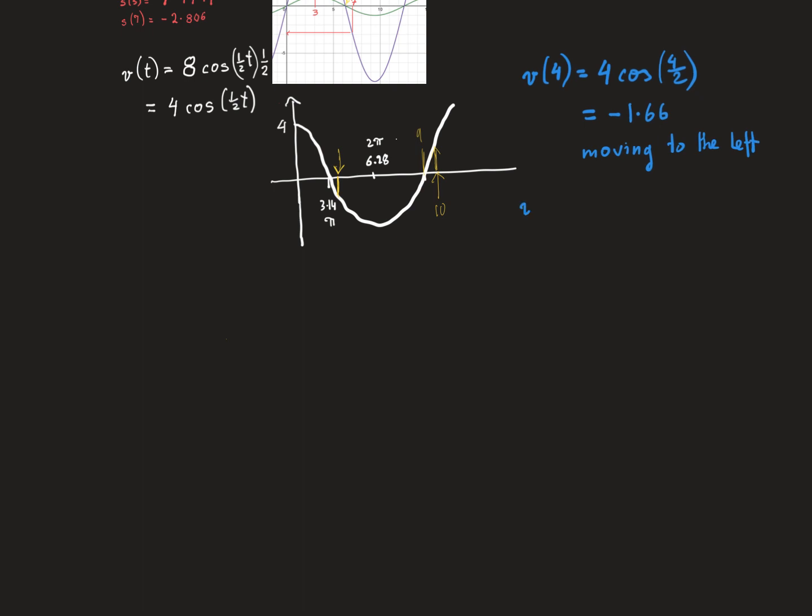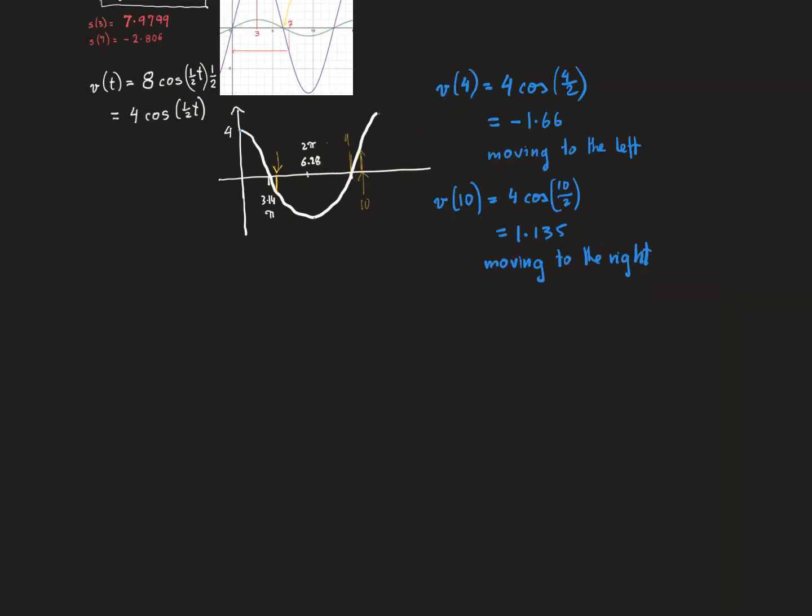And also, if we do it at 10 seconds, we have 4 cos of 10 over 2. Once again, using the calculator, we get something like 1.1, which means that the dog is now moving to the right. And we were able to find all that out just by drawing our cos function.